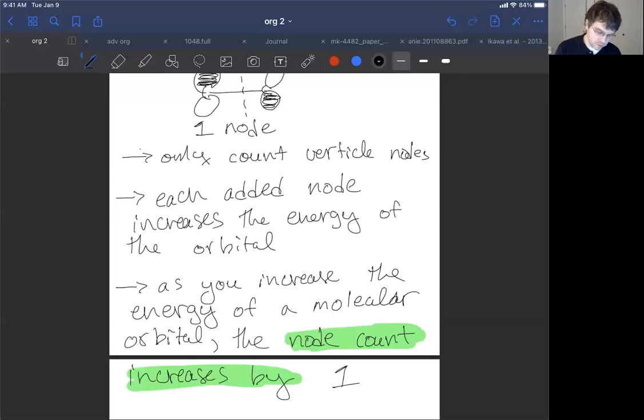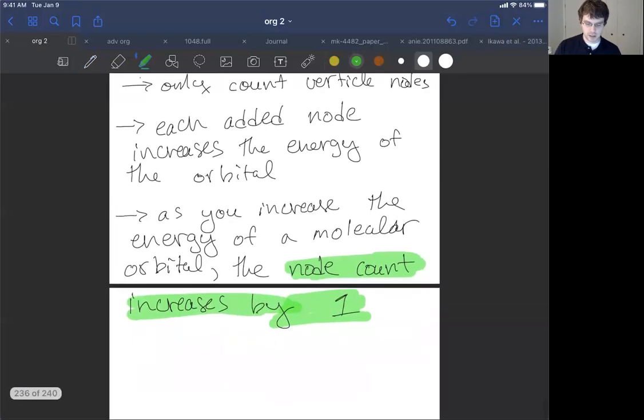That's super important for us understanding how to build molecular orbital energy diagrams, is to remember that our nodes always go up by 1. Okay, that allows us to look at more complicated molecular orbital diagrams like conjugated dienes.